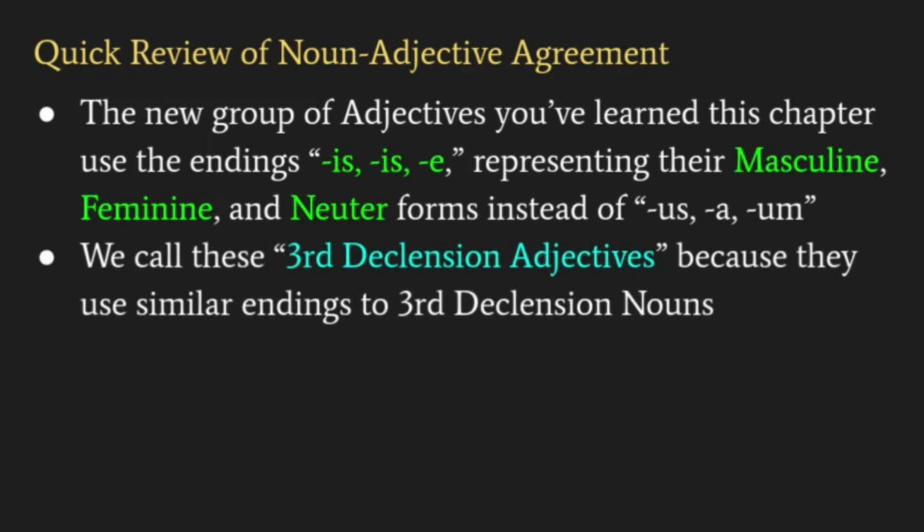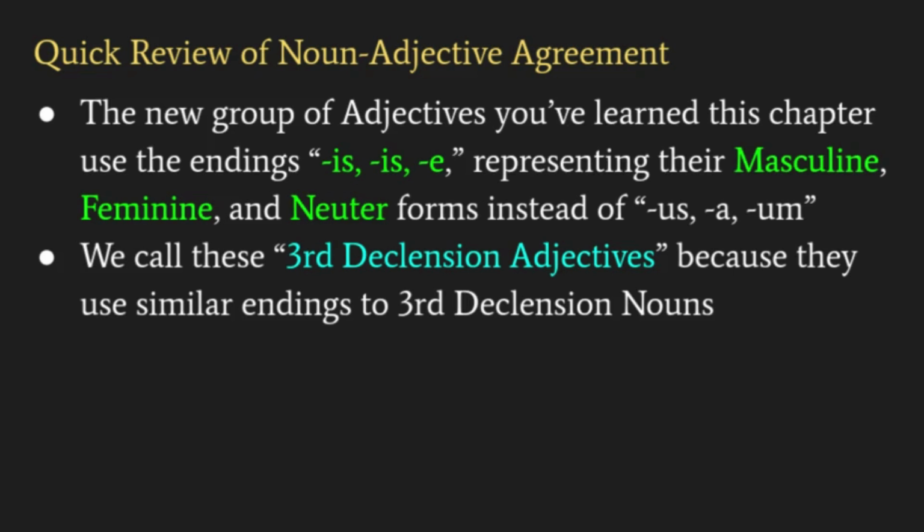So last chapter, you learned about adjectives that end in us, a, um. We call them first and second declension adjectives. In this chapter, you're going to learn adjectives that use is, right? So is, is, e. And it represents the masculine, feminine, and neuter forms. It's the same idea as us, a, um. It's just slightly different endings. We call these third declension adjectives because they're using endings that are similar, not exactly the same, but similar to third declension nouns.